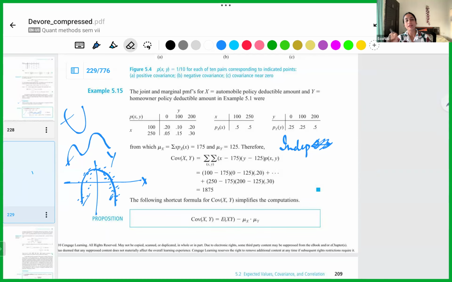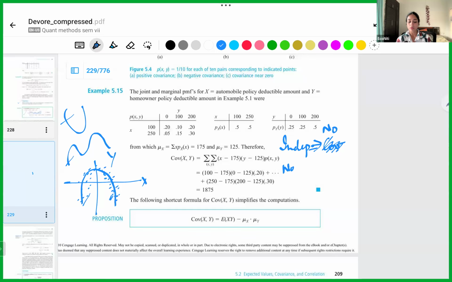इंडिपेंडेंस का मतलब डेफिनेटली कोवेरियंस जीरो होगा, लेकिन ये उल्टा नहीं चलेगा. जीरो कोवेरियंस का मतलब इंडिपेंडेंट नहीं है. यू कैन स्टिल हैव रिलेशनशिप अमंग देम, बट इट विल जस्ट नॉट बी कैप्चर्ड बाय योर फॉर्मूला. ऑलराइट, सो कोवेरियंस के बारे में वी हैव टू बी वेरी केयरफुल. Independence implies zero covariance, right?